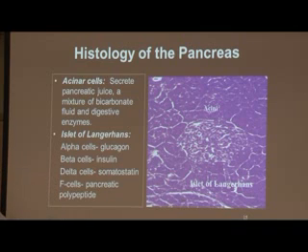And then if you fasted for a while and your blood sugar dropped, then what would happen is alpha cells would release glucagon. And that would cause the liver and skeletal muscle to release the stores of sugar in forms of glycogen back into the blood to elevate your blood sugars.